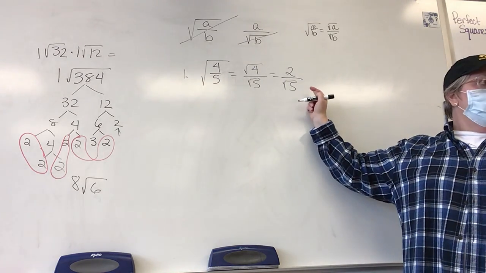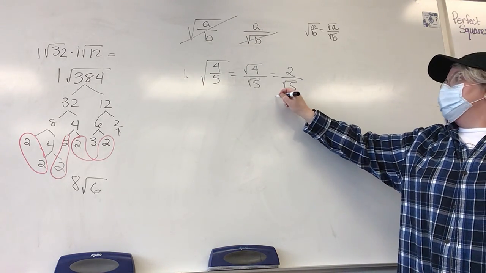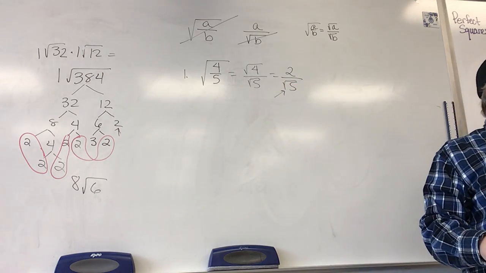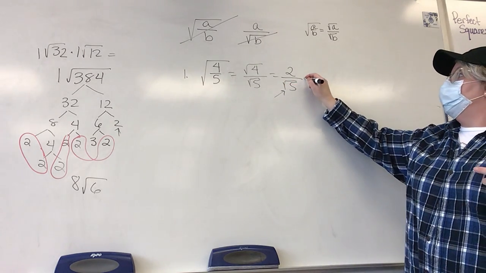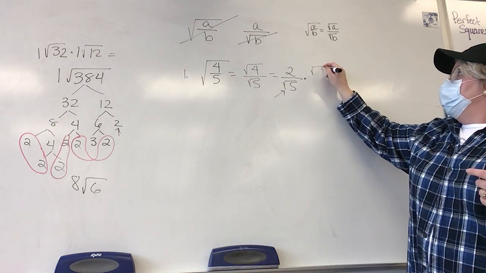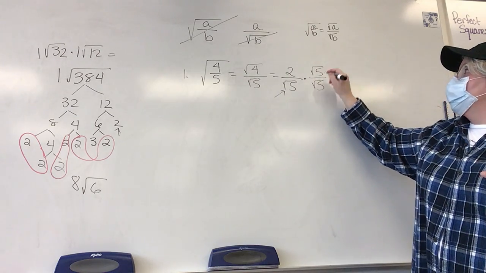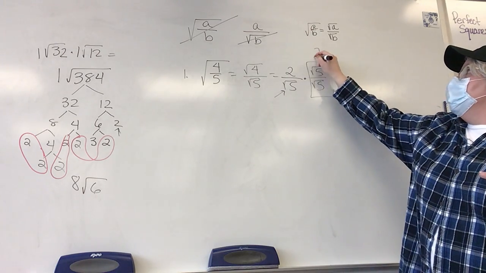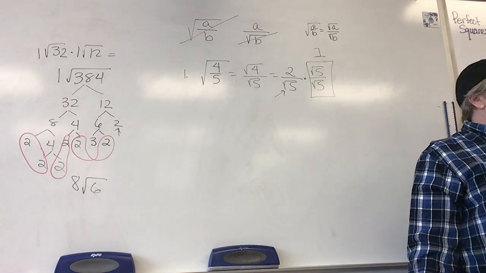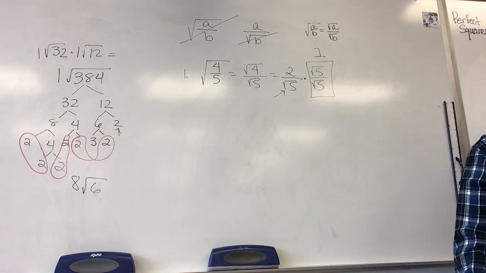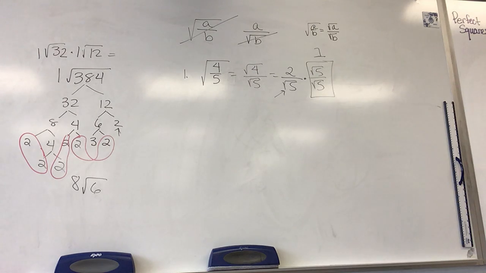So the way the 1 changes in looks is repeating whatever the denominator is. So if the denominator is the square root of 5, I'm going to multiply the top and the bottom by the square root of 5. And if you notice, that is the same as 1, the square root of 5 over the square root of 5. So you multiply the top and the bottom by whatever the denominator is.